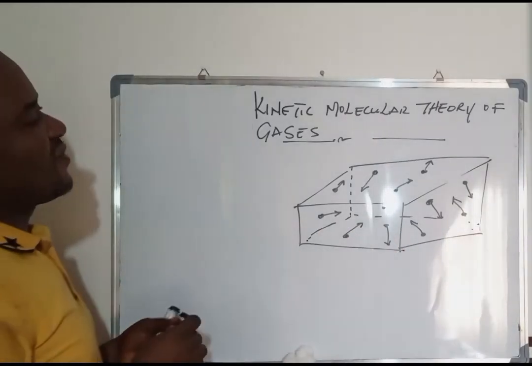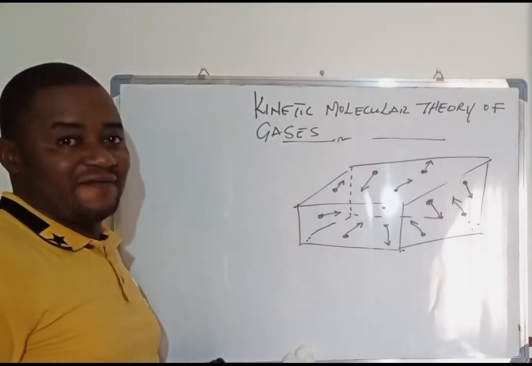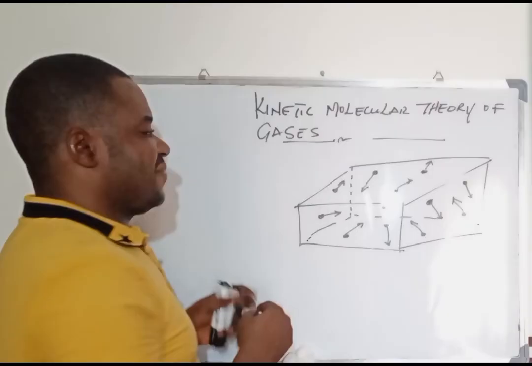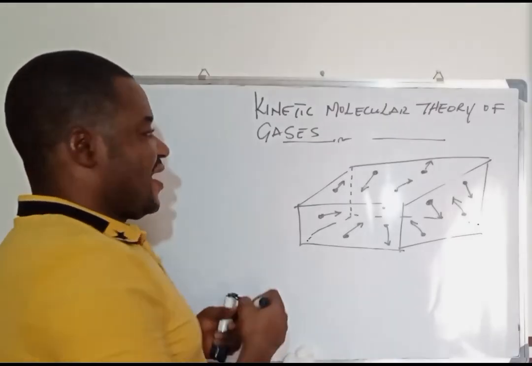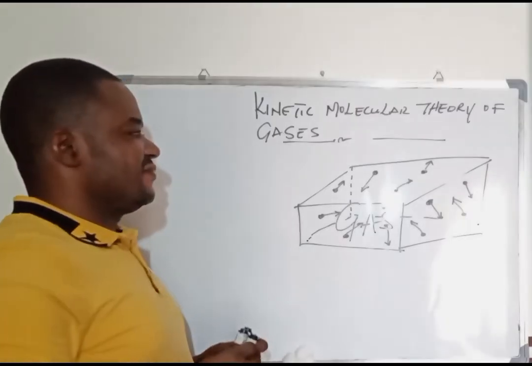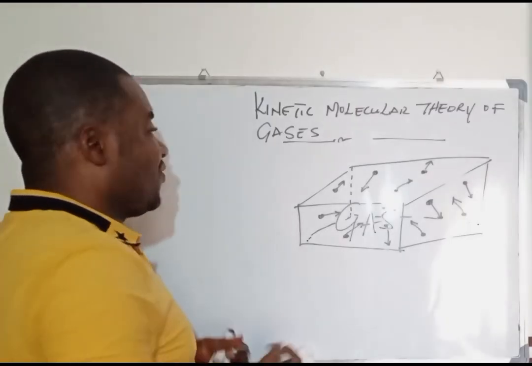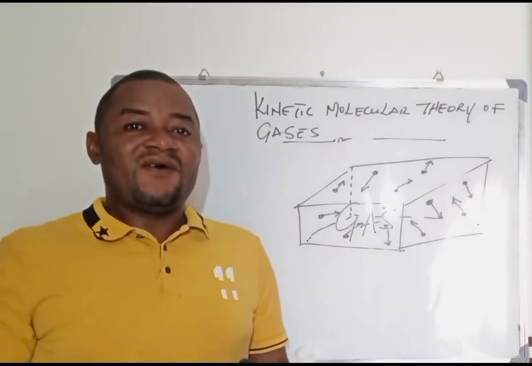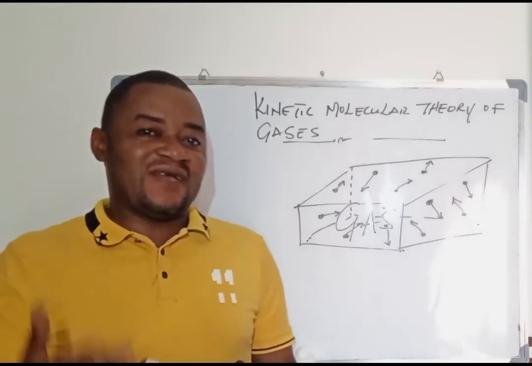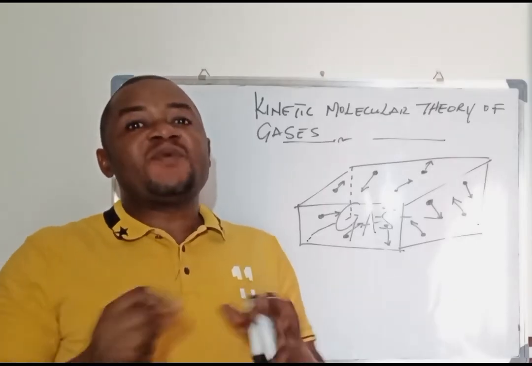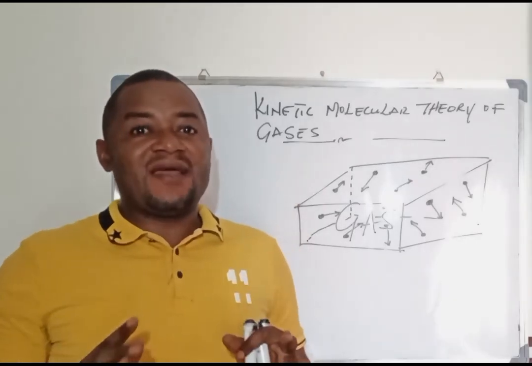When you look at this diagram, you can see that we have tiny dots inside this particular container, and what we have inside this container is gas. Following the assumptions that lead us to the postulates of the kinetic molecular theory of gases, we will be able to explain what a typical gas looks like.